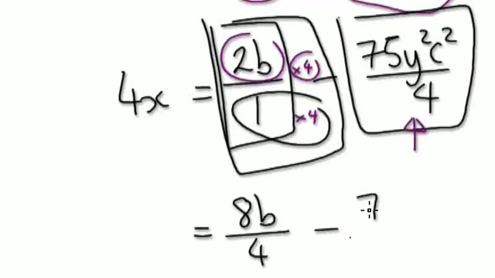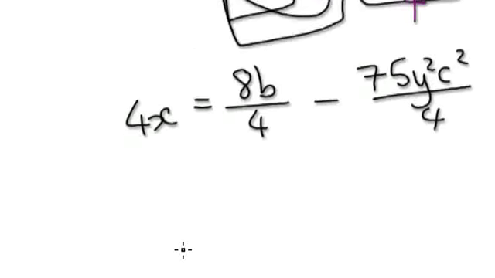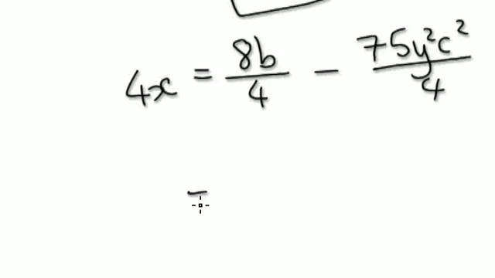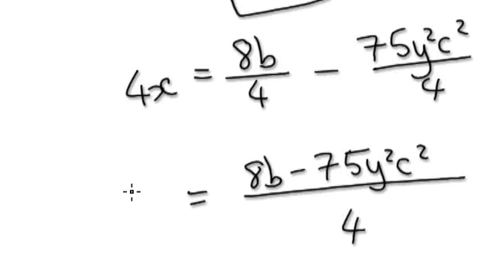This one will remain the same. We're not changing it. Okay, so it will be this over 4. Now you can see the two denominators are the same. So you can merge the two fractions. So it will be this: 8b minus 75y squared c squared. Okay.